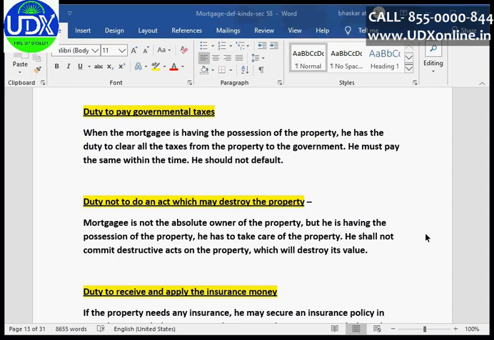The bank manager took the possession of the property, and after some days, the bank manager came to know about the presence of sandalwood. You know, chandan, one of the costliest woods, one of the useful woods to humanity.